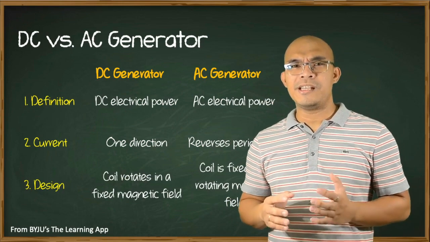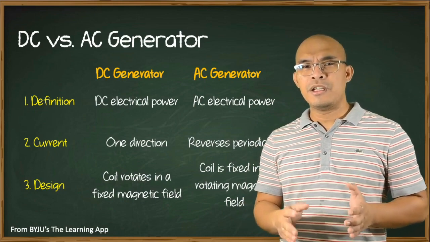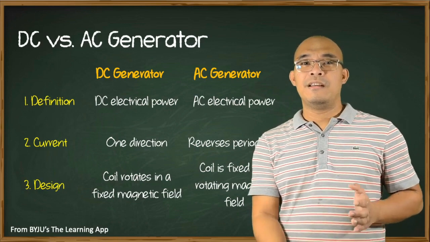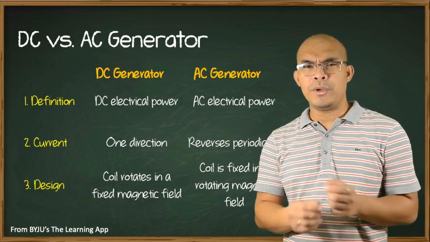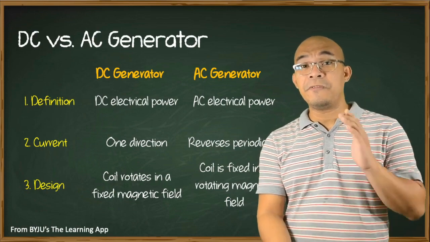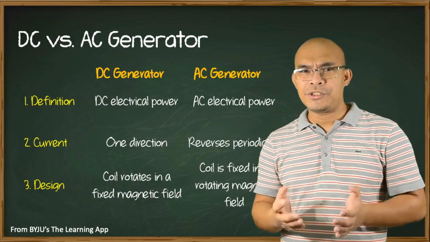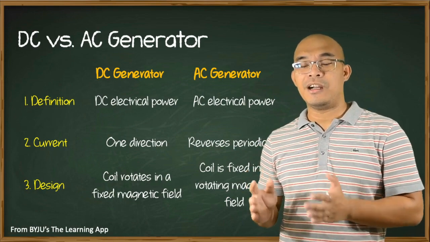So the overall design is very simple, but its construction is complex due to commutators and slip rings. In an AC generator, the coil through which the current flows is fixed while the magnet moves. So the construction is simple and costs are less.